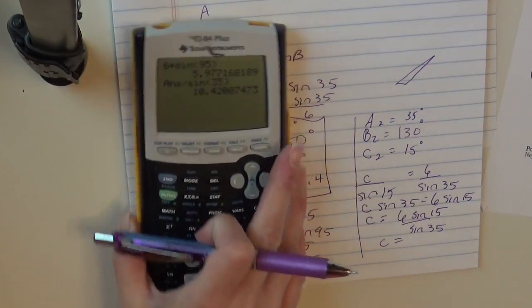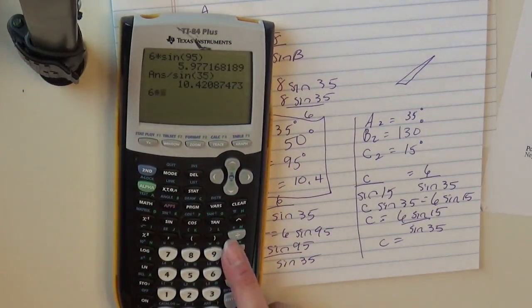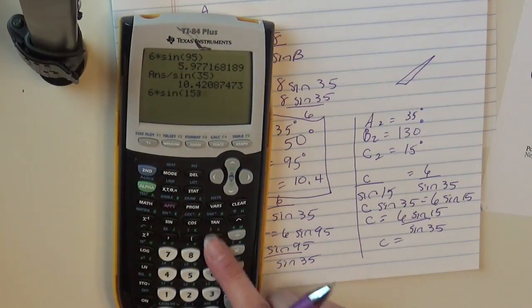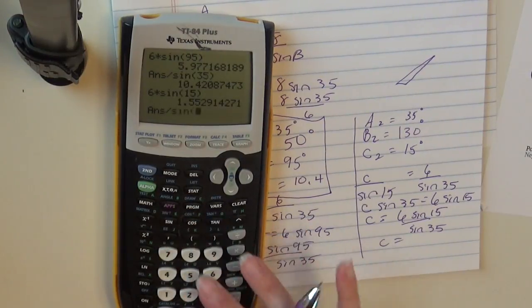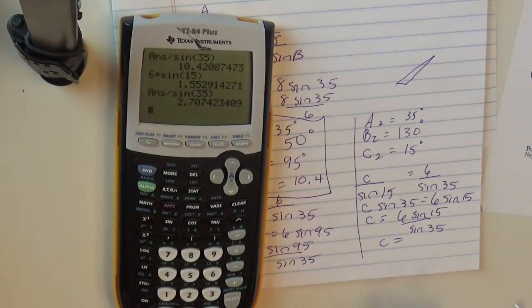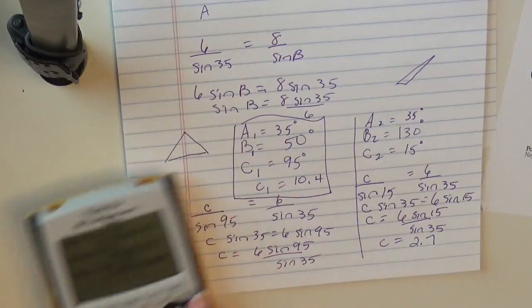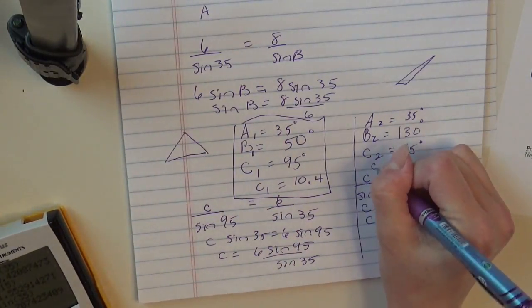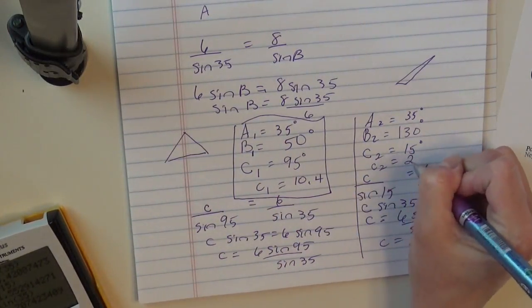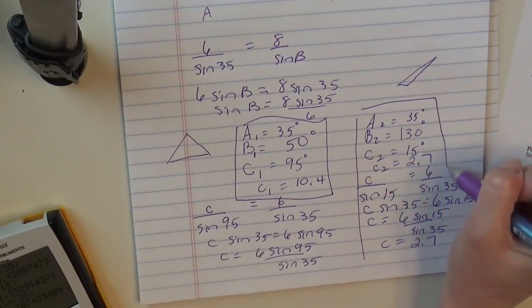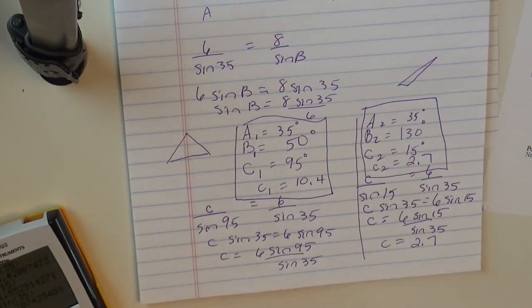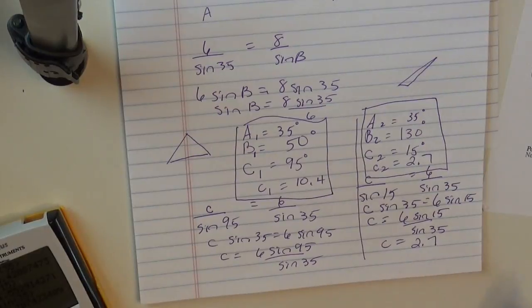Okay, what does that give us? That gives us 2.7 for C. Okay, so little c2 would be 2.7 for the side length. So that's the scenario where you have two triangles, and that's how you would go about solving that one.